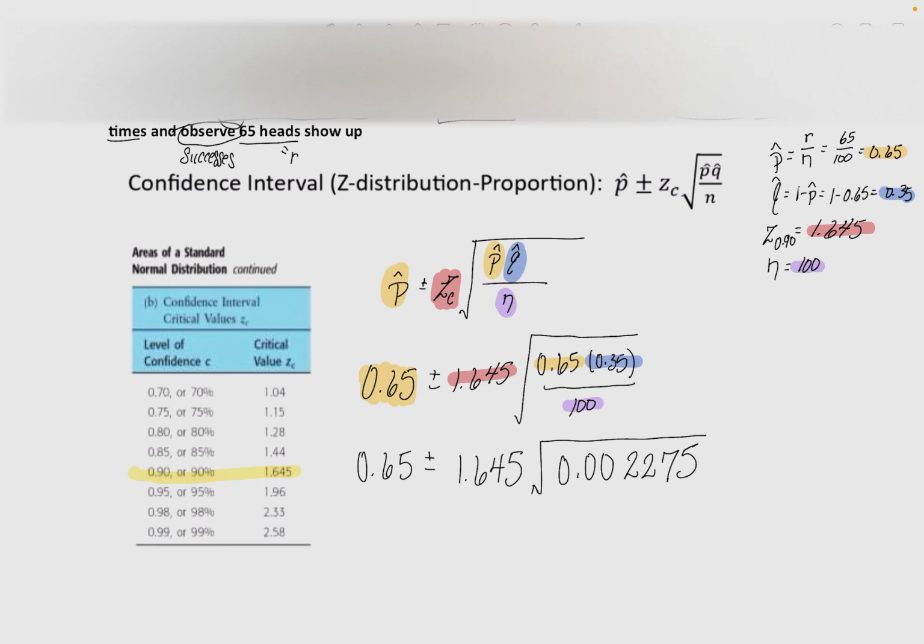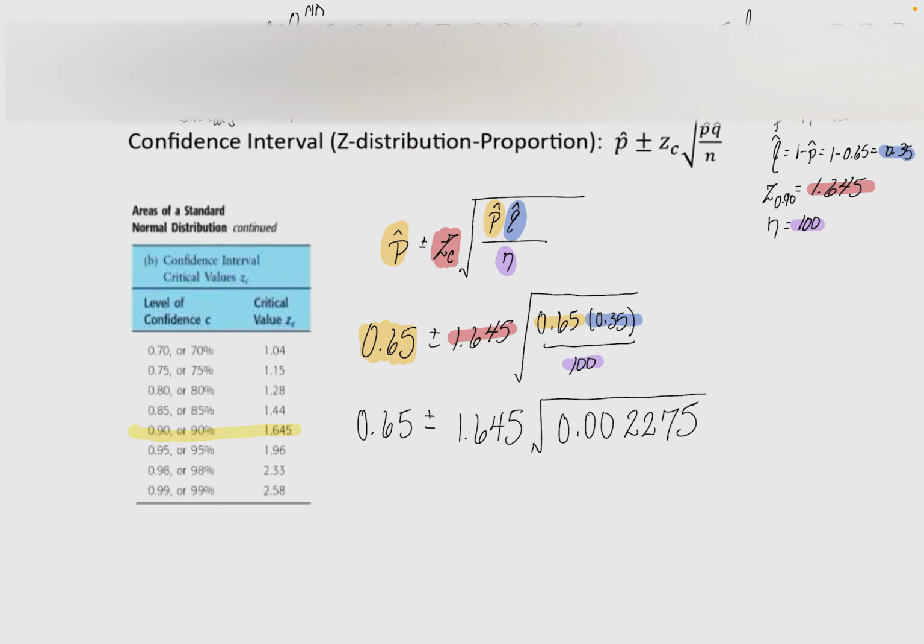and we get 0.65 plus or minus 1.645 times 0.047. It's like 696960071, but I'm going to round to the nearest 10,000ths, and that's going to give me a 7 there.